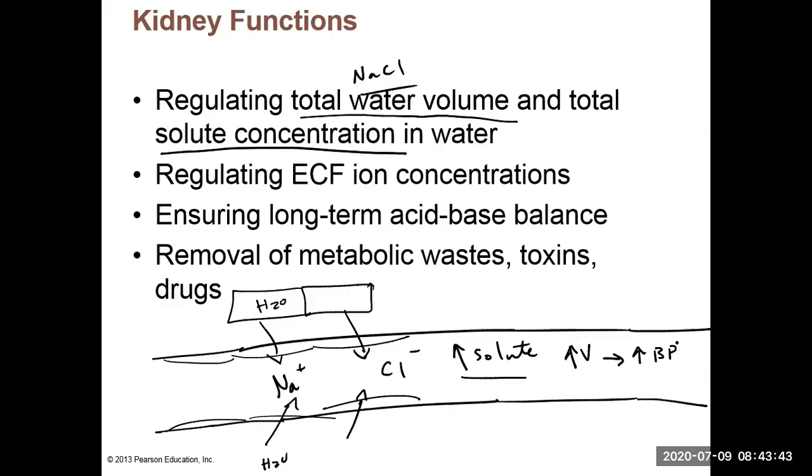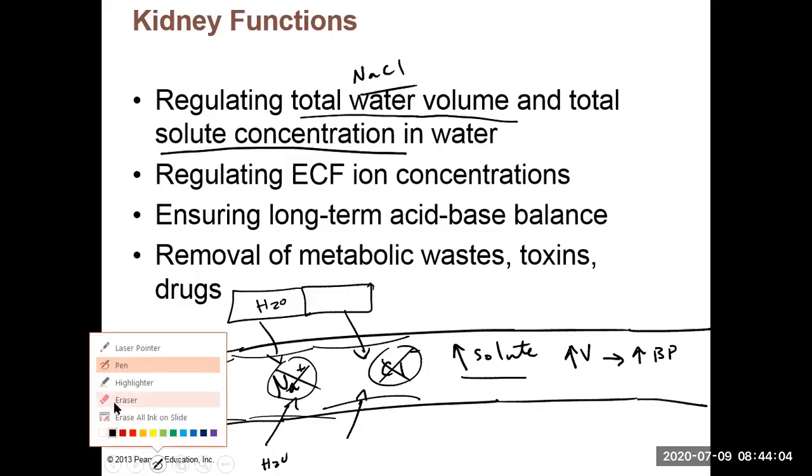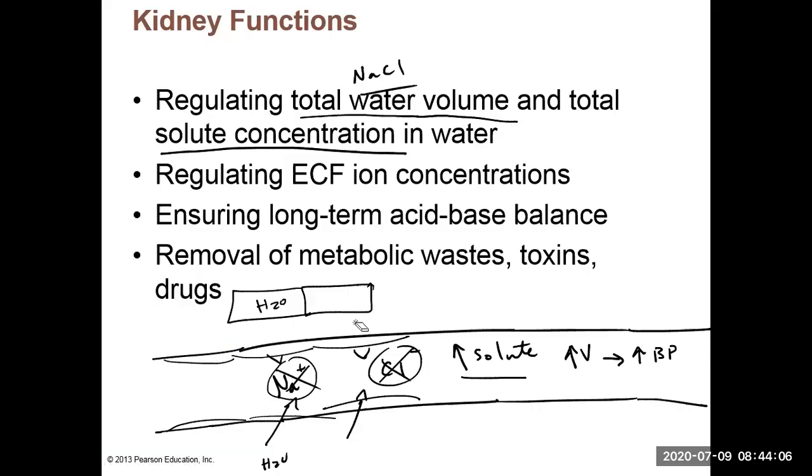Obviously, we don't want that to happen, even though it does happen. Somehow we've got to get rid of this sodium and chloride. So the urinary system, if it can eliminate these, then there will be less of these available, and there won't be as much water reabsorption.